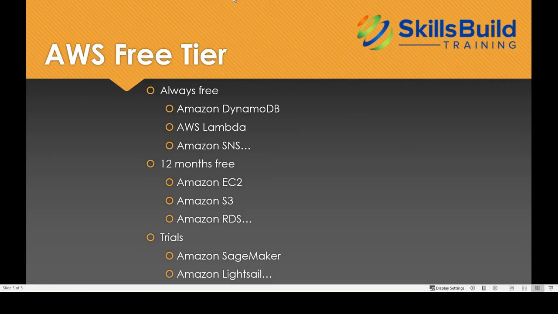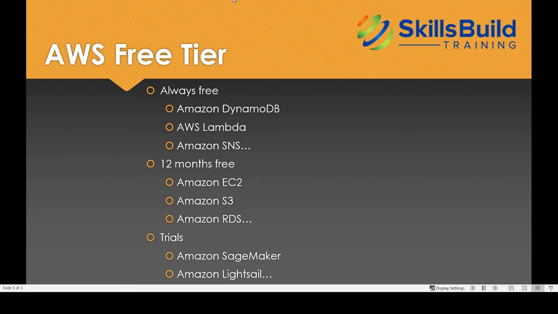Examples of these services, and the most popular used by anyone that is starting their AWS cloud journey, is definitely Amazon EC2, which is compute capacity or virtual machines in the AWS cloud. Other examples would include Amazon S3 and Amazon RDS. The last of the free tier offerings is trials.